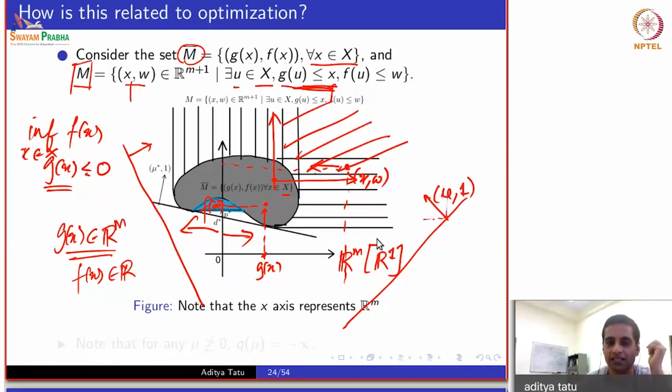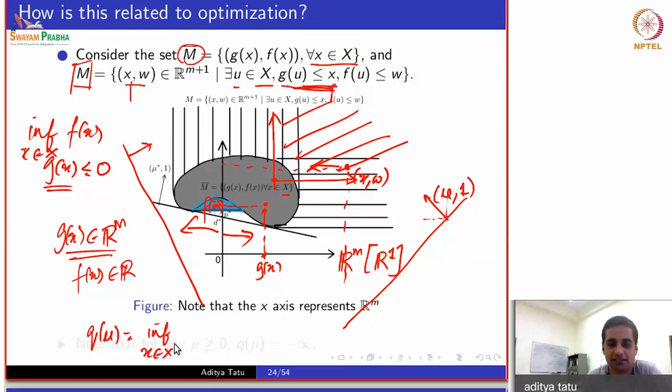What would be q(mu) for such a mu given this set? What is the smallest intercept that I will get for this hyperplane? Remember, q(mu) is this, right?